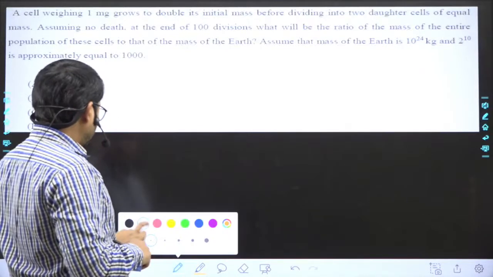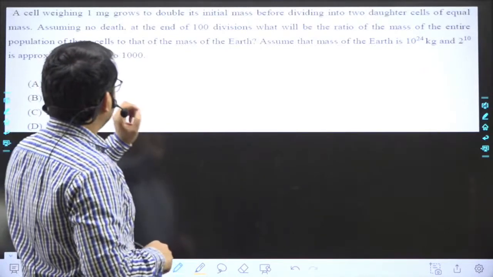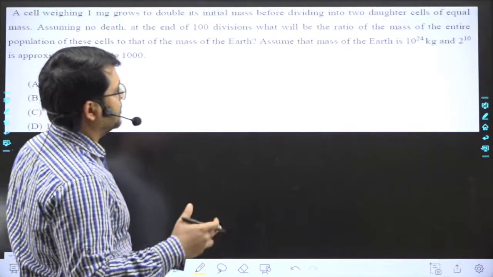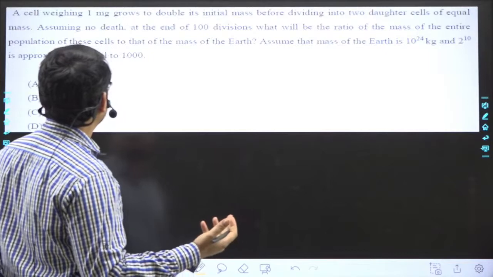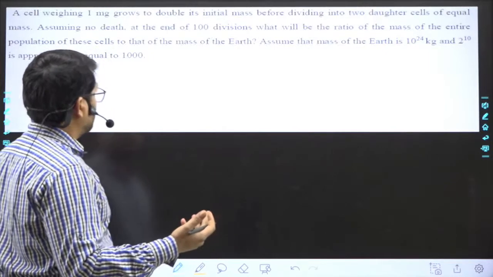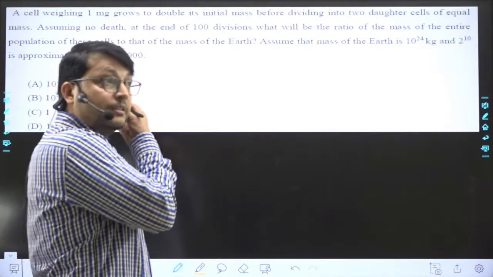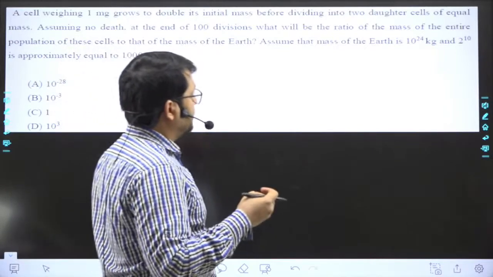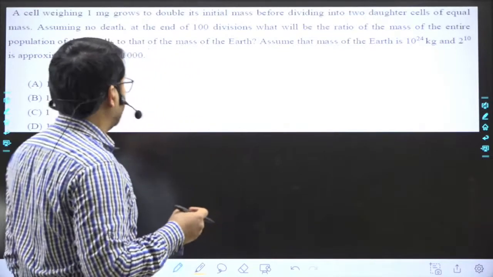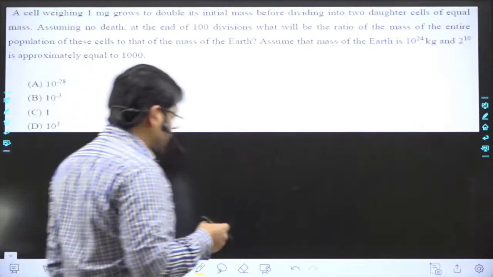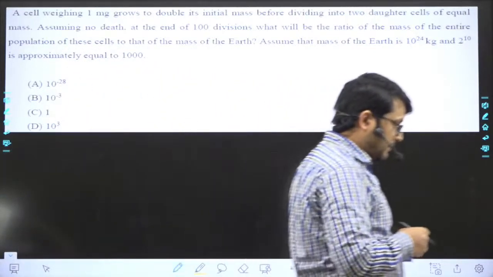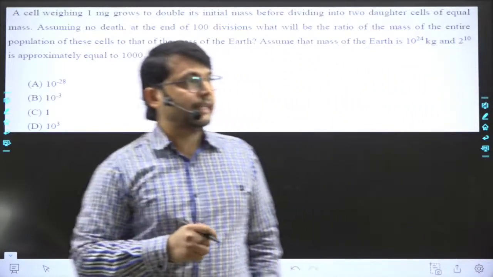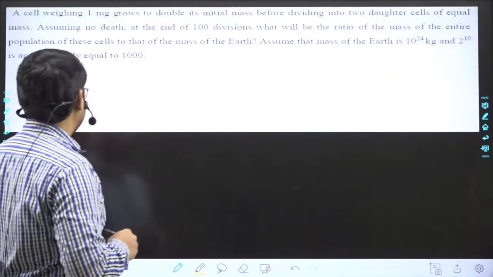Assuming no death, at the end of 100 divisions, what will be the ratio of mass of the entire population of these cells to that of the mass of Earth? Assume that the mass of Earth is 10 to the power 24 kg and 2 to the power 10 is approximately equal to 1000. We have already done it, but we will do that maths again.